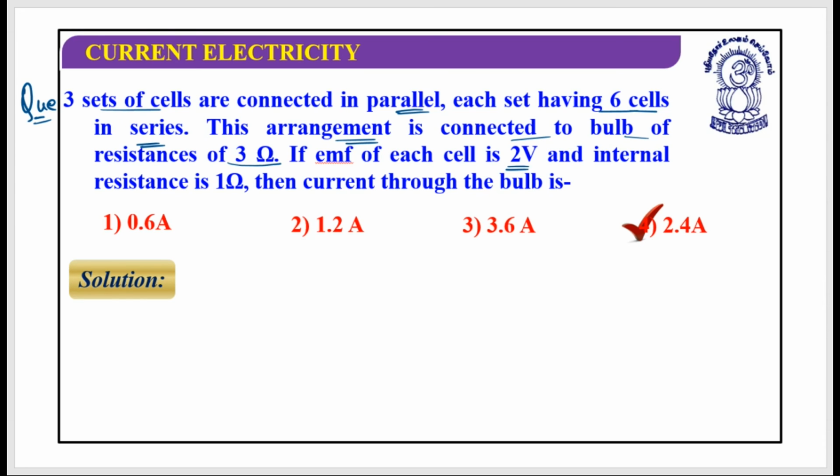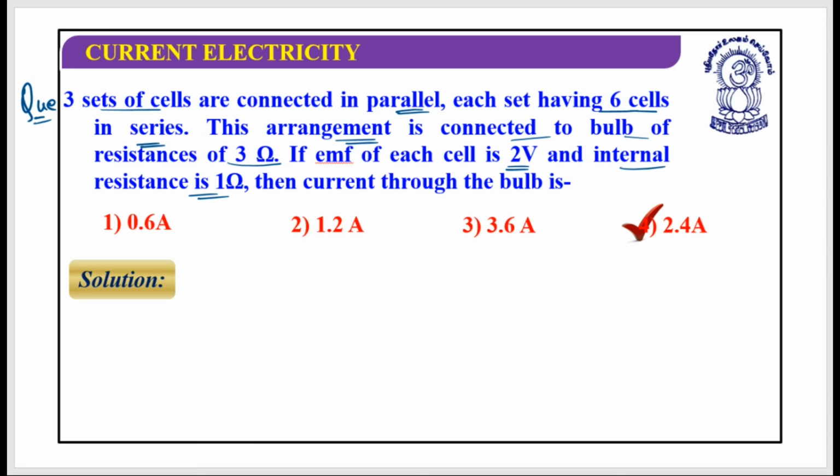If the EMF of each cell is 2 volt and internal resistance is 1 ohm, then find the current through the bulb. What is the situation? Read the data one more time. You might get an idea of what the examiner wants. It is essential. Read it.